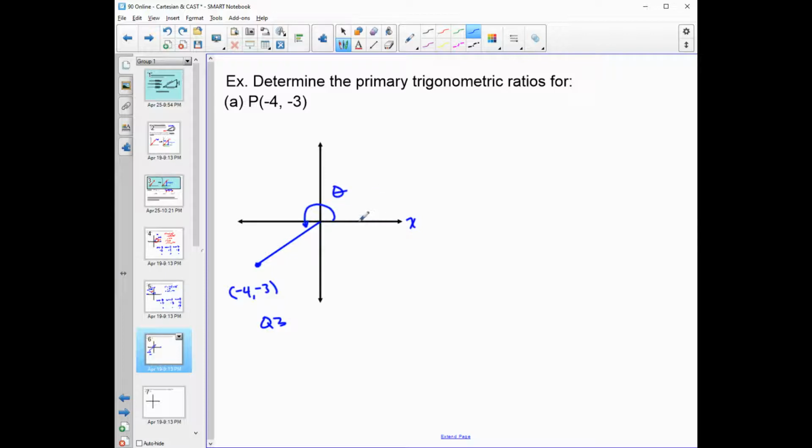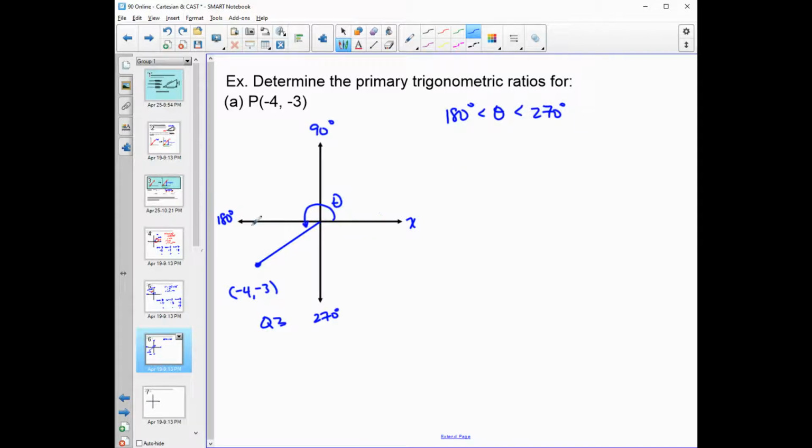So there's the angle theta. So you can see in this case, the angle theta, if I label that, that's 90 degrees, that's 180 degrees, that's 270 degrees. Well, now I've got this angle theta that's somewhere between 180 degrees and 270 degrees.